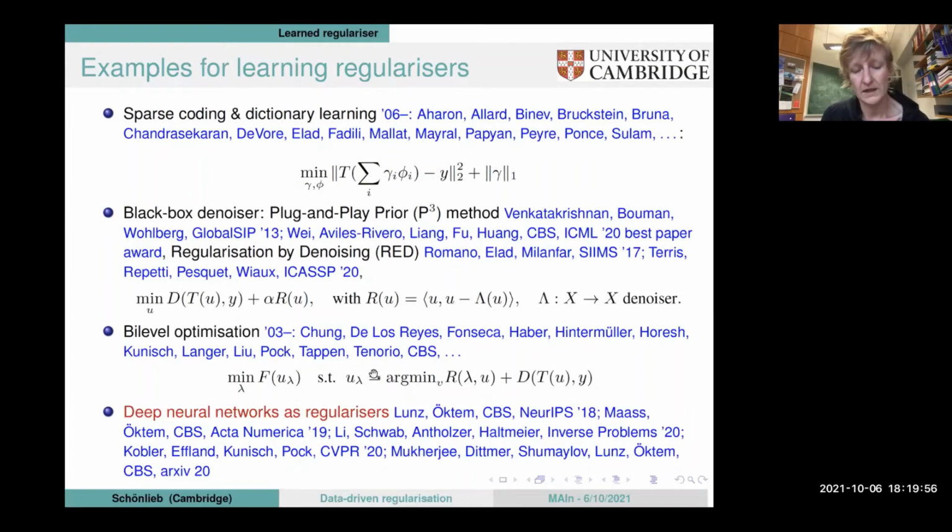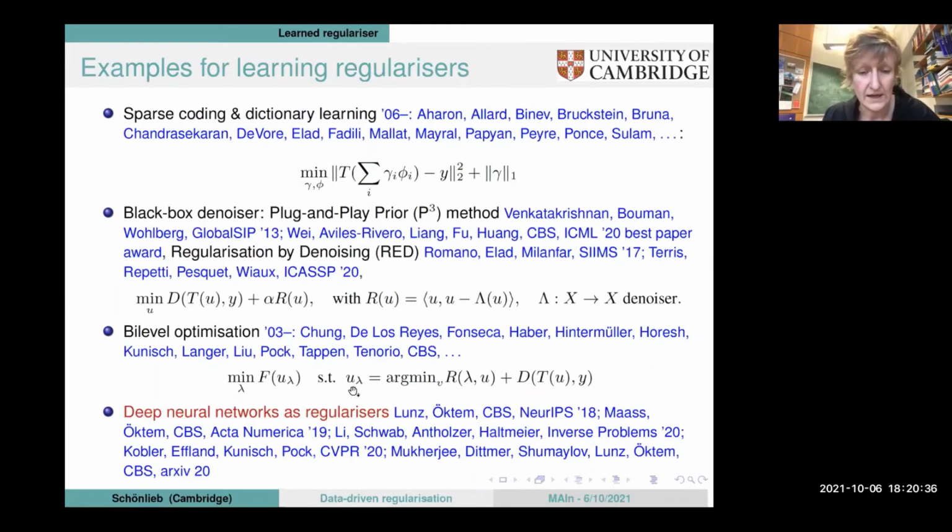The third one is bi-level optimization, where you have your variational problem and you take your regularization and parameterize it. Usually these are low-level parameterizations, so linear combinations, for instance, of different regularizers, where the lambdas are the weights in front of your different regularization terms, or an infimal convolution of different regularizers. And then you learn the lambdas, so the coefficients in these linear combinations or infimal convolutions.